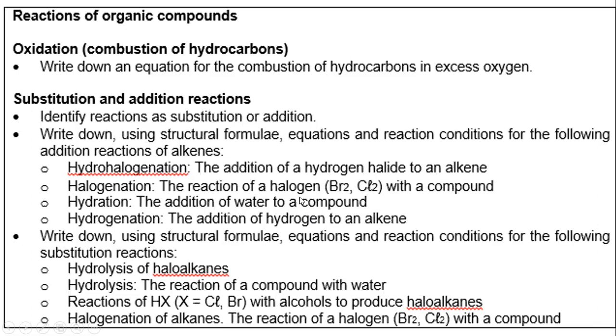So what happens when you add water to an alkene? And in terms of addition, the last type of addition that we'll look at is hydrogenation, which is the addition of hydrogen atoms to an alkene. So there we will be using hydrogen gas.